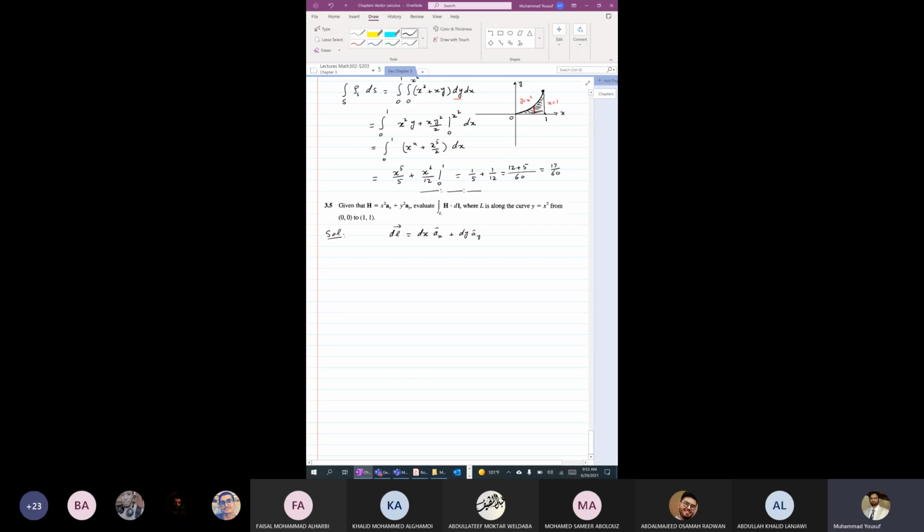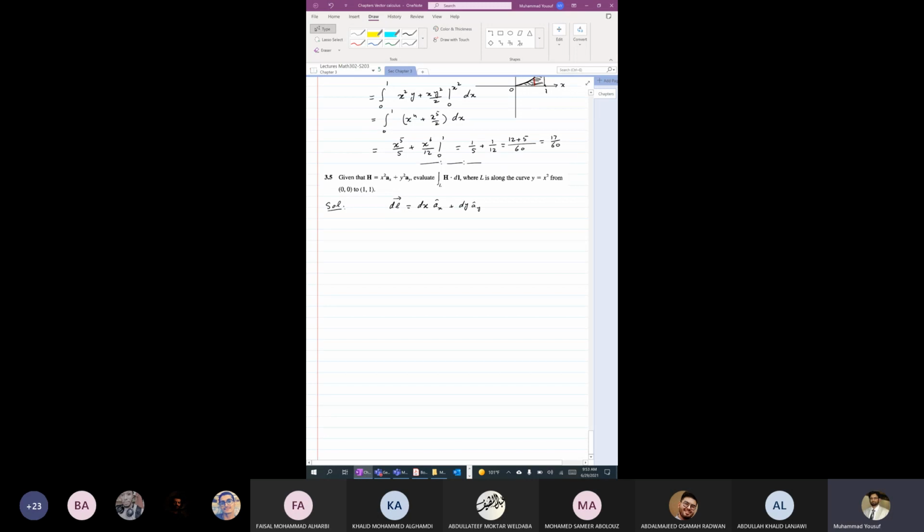Ax and ay are unit vectors. And the integral of h dot dl, this h is a vector, so dl should be a vector, over line L. H is x square ax and dx ax, so it is x square dx, ax dot ax is 1, plus y square dy over L.